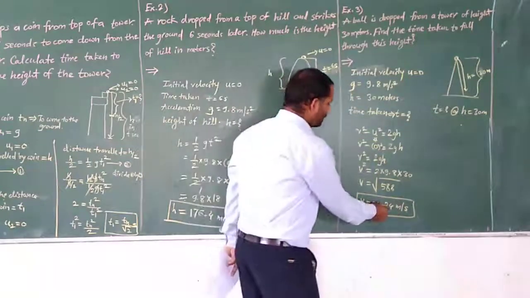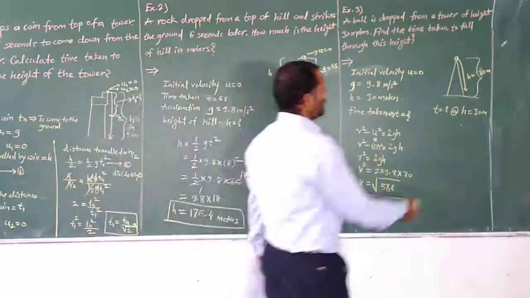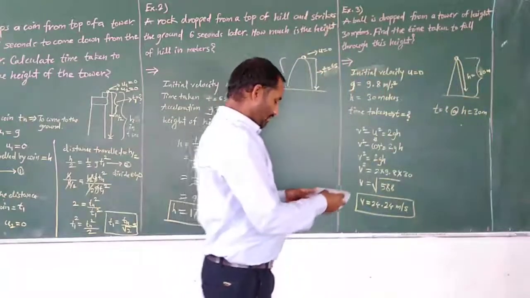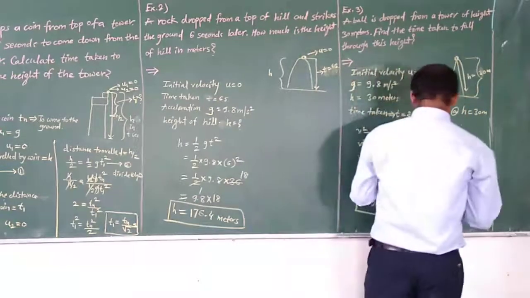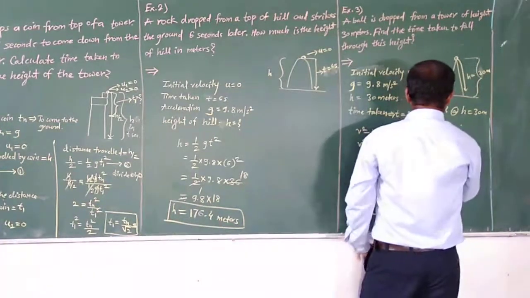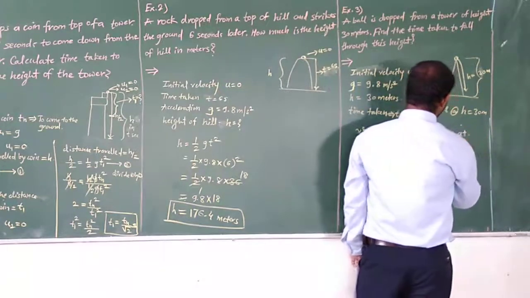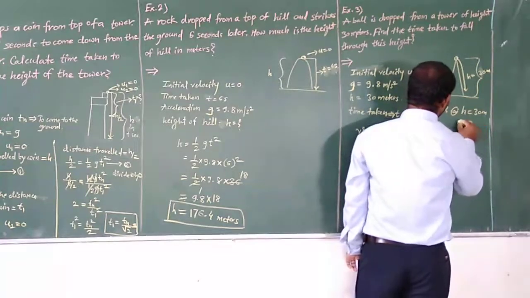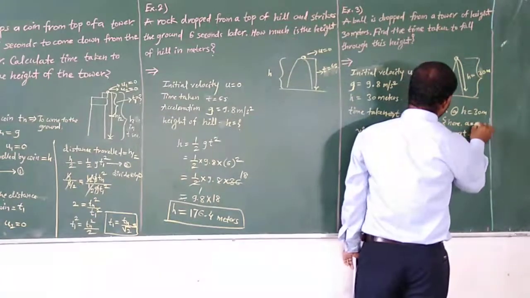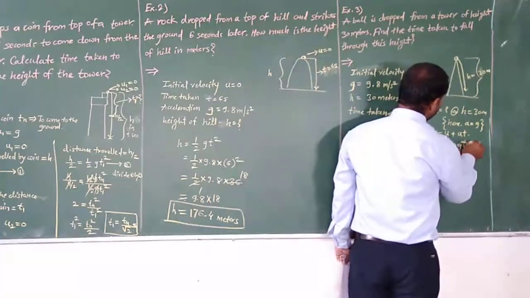What we have to find is t, the time it takes for the ball to reach the ground from the top of the tower. We know one equation: v is equal to u plus at. Here a is equal to g, so v is equal to u plus gt.